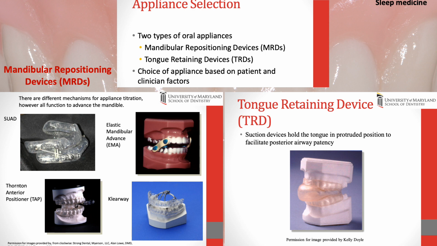But also tongue retaining device, instead of trying to advance the mandible, well, why don't we try to keep the tongue in more anterior position than posterior? Again, they will achieve the same, hopefully, goal, which is to allow airflow through the upper airway.